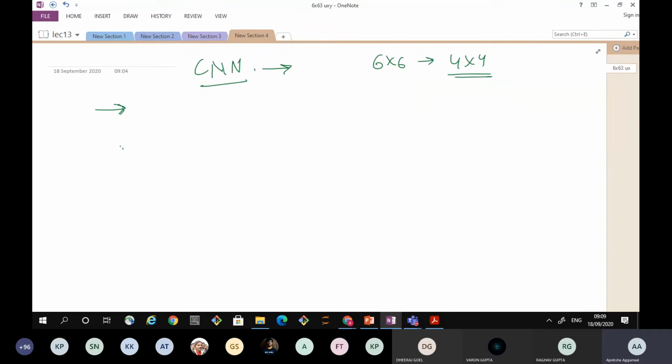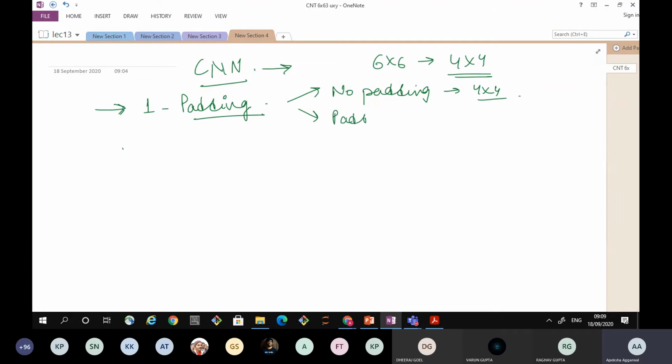So what do we do is, first of all, we perform padding. What is this padding? So either first, what we can do is we do not perform padding. So in that case, we'll get 4x4 image anyway. But if we do padding, in that case, we have to do padding in such a way that it makes my image size 6x6.